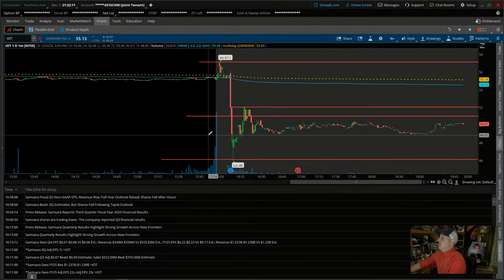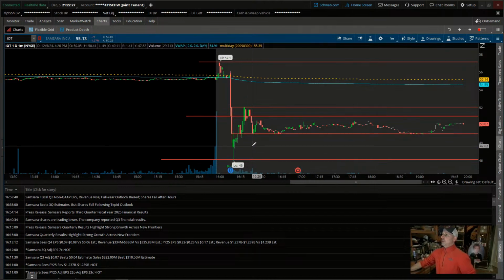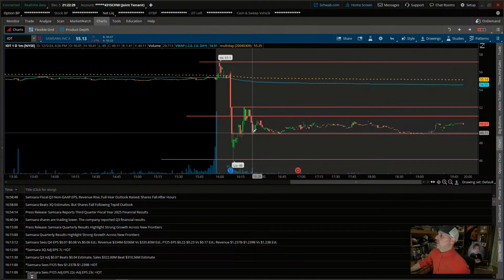And where it kind of held, that's 49. That's 49. That's 49. And I'm assuming all those are 49 as well. So 49 is probably the most important price because the more you hit something, the more significant it is. 1, 2, 3, 4, 5, 6, 7, and basically 11 more times.